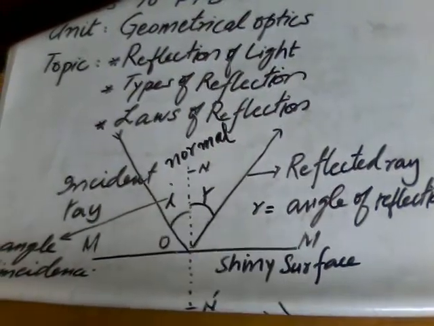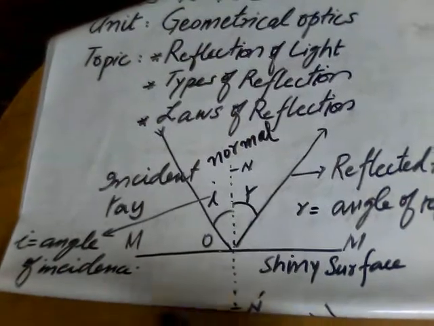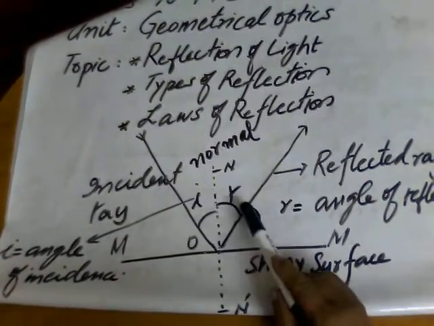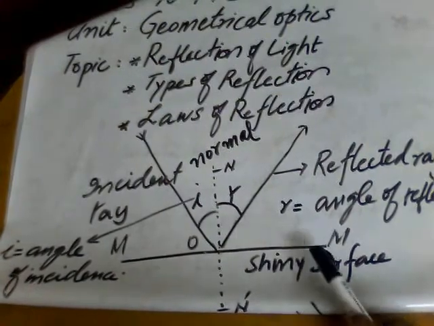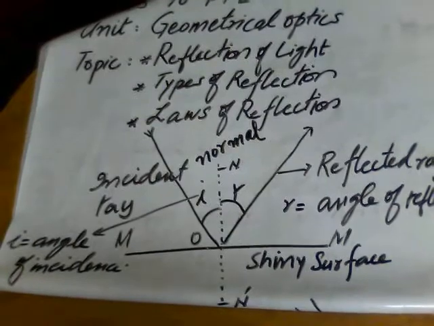Angle I we call the angle of incidence, and R is called the angle of reflection.